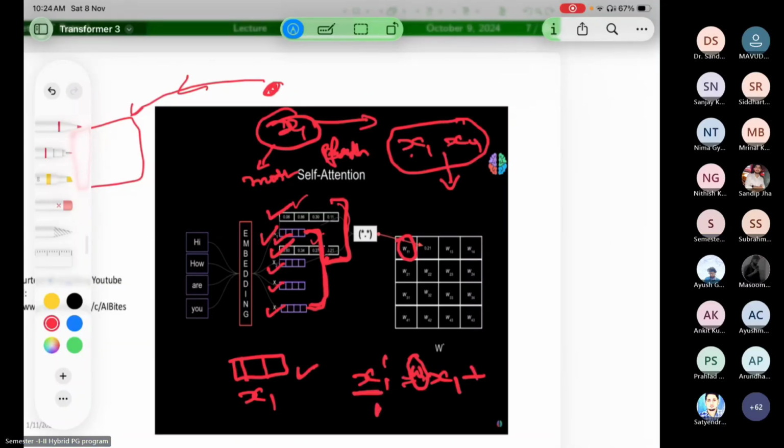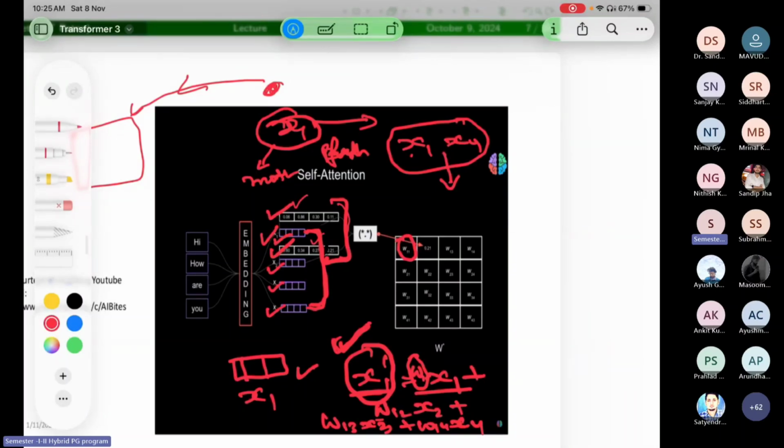Then we have w12 x2, then w13 x3, then w14 x4. Now we just do the summation of all these, and that will give you x1 dash. This x1 dash is the refined information. In the x1 dash, you have made it with the help of x1, x2, x3, and x4. So this is your aggregated information of x1, or refined information of x1.